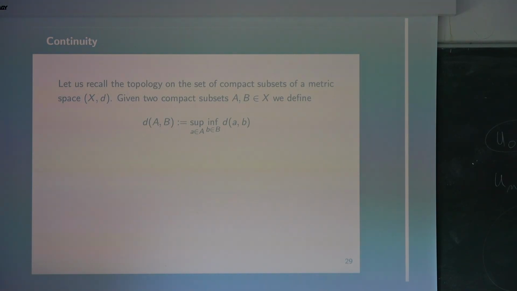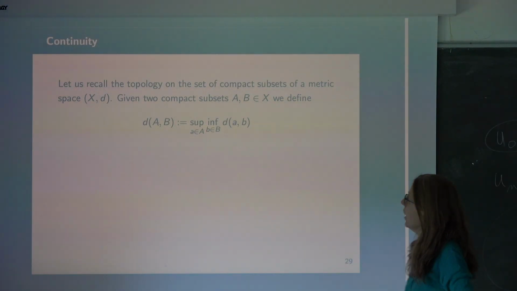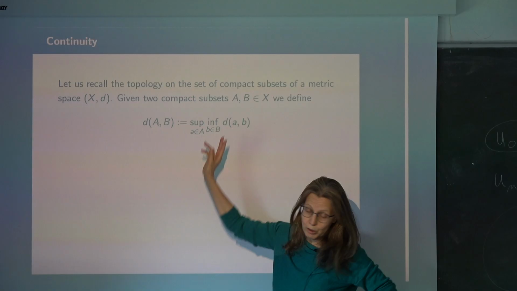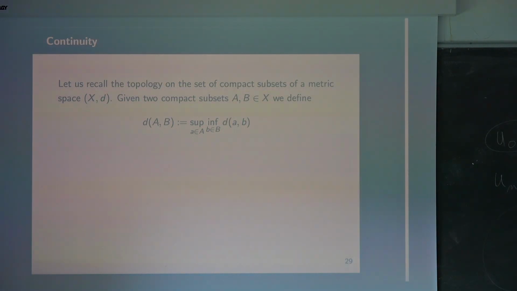Maybe you know. So you have a metric space, and a compact set in this metric space, and you can define something which is not a distance, but which tells you that one set is in an epsilon neighborhood of the other one. If this is less than epsilon, it means that A is in the epsilon neighborhood of B. So it's not a distance, but it's a way to say that two compact sets are close, not too far.